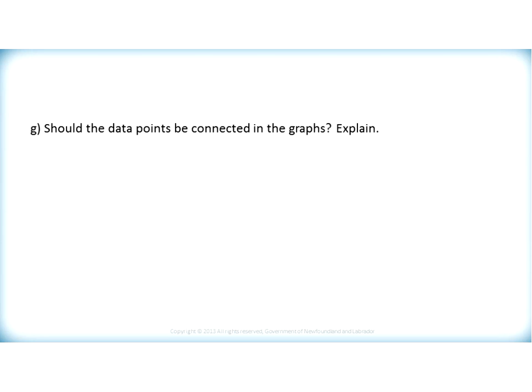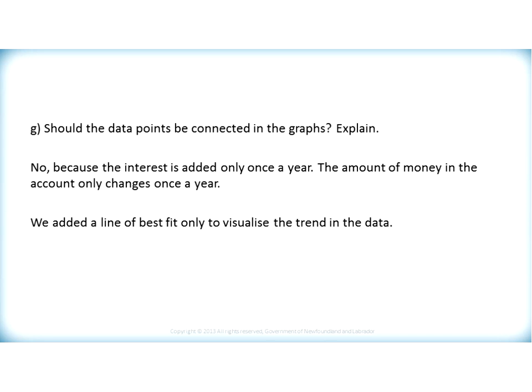So last question here, should the data points be connected in the graphs? And explain your answer. Well, the answer to this is that no, they shouldn't. And the reason is because the interest is added only once every year. So from day 1 to day 364 in that year, the amount of money in the account stays exactly the same.